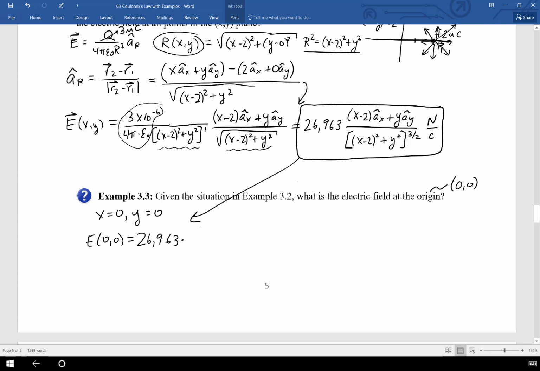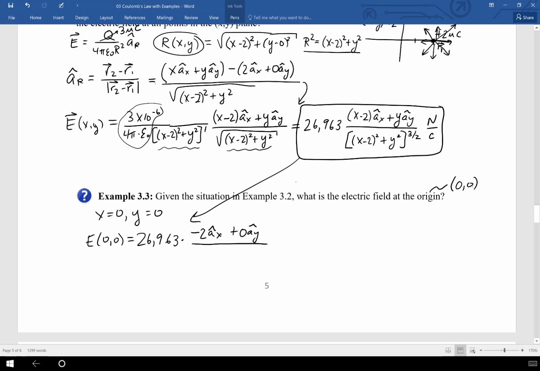26,963 times, and now it's going to be x minus 2, which is just 0 minus 2, which is to say just negative 2 a sub x, not a tilde, a hat. And then this y a sub y here is just going to be 0 a sub y.